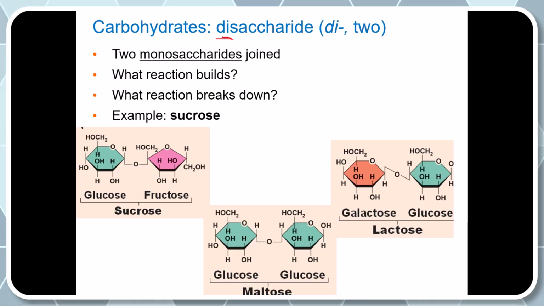So sucrose is a disaccharide made up of the monosaccharides glucose and fructose. Maltose is a disaccharide made up of 2 glucose monosaccharides. And lactose is made up of galactose and glucose. Don't memorize those, but do know that a disaccharide is made up of 2 monosaccharides.